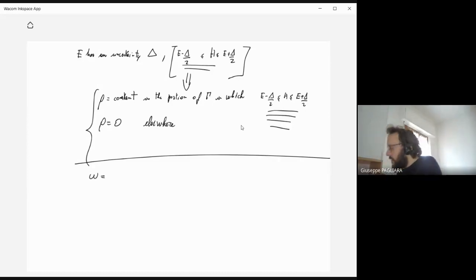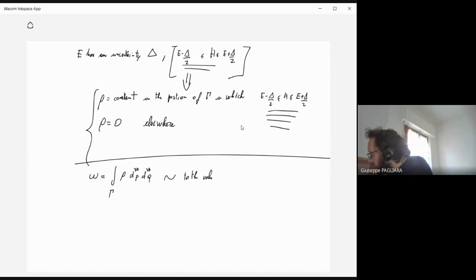We can call omega this quantity, which is the integral over all the phase space of rho d3N p d3N q. Since rho is constant, this quantity is proportional to the volume in which rho is different from 0.